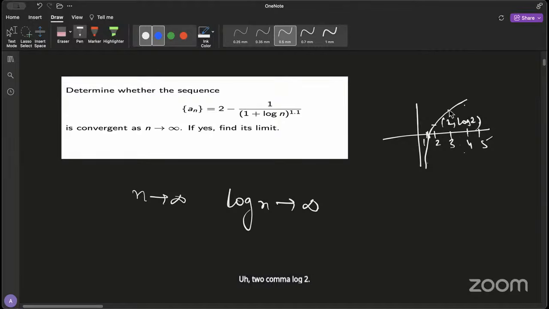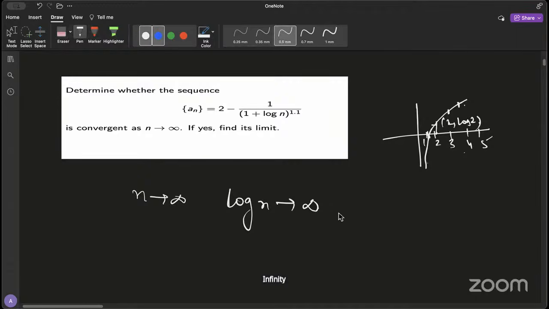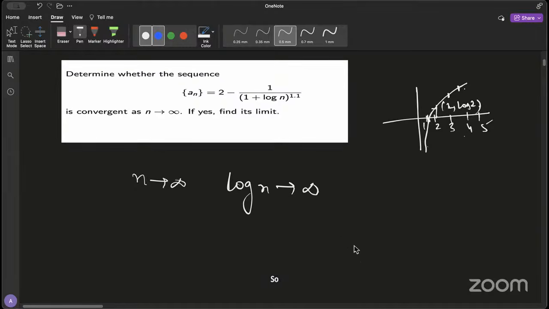Then here you will have 3 comma log 3. Then here you will have 4 comma log 4. So you see, log n is basically the height of this function, right? As your n tends to infinity, your height is also going to infinity. So this will tend to infinity because your function simply goes to infinity when x moves to infinity.